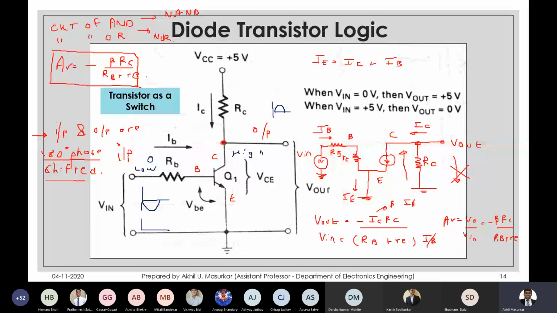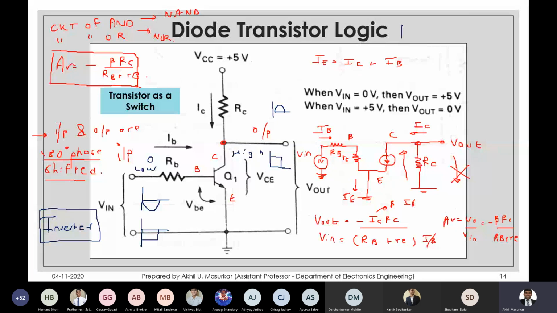Or in other words, in the case of digital, if I apply something like this here, I should get something the other way around at the output. So this circuit actually works like an inverter.